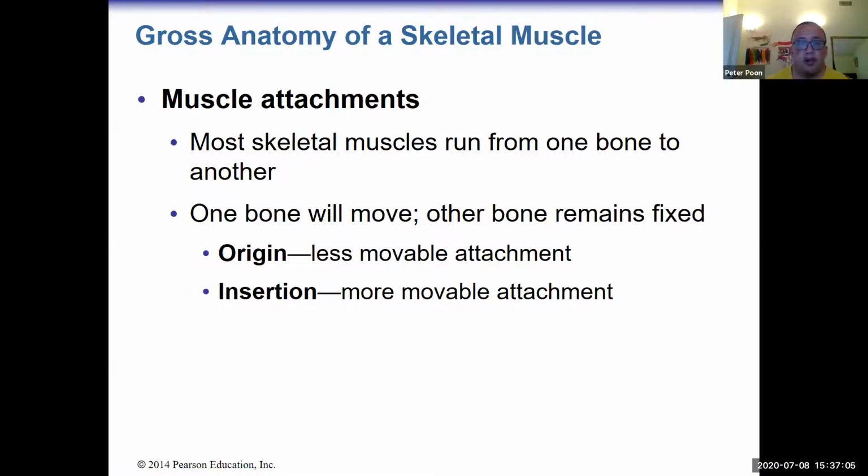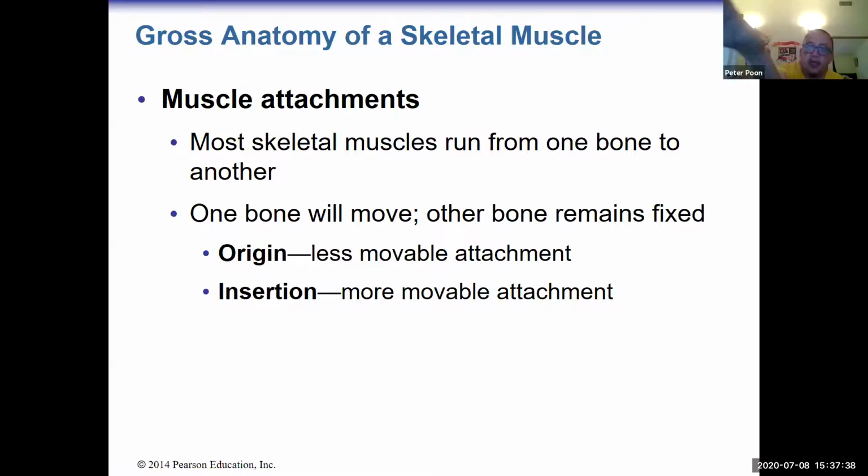All right, so origin and insertion. When I move, I move one bone against another bone. Muscles are controlled by origin and insertion, the two attachment points, and they'll always be on different bones. One bone will move, the other bone will remain fixed.